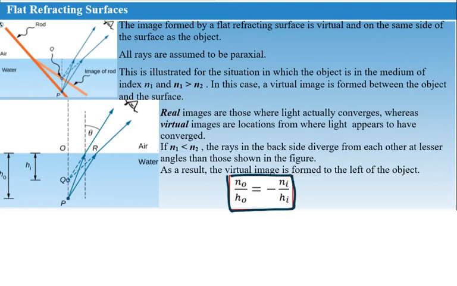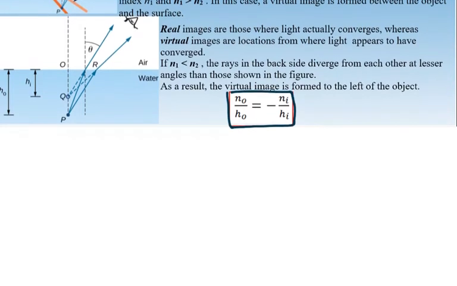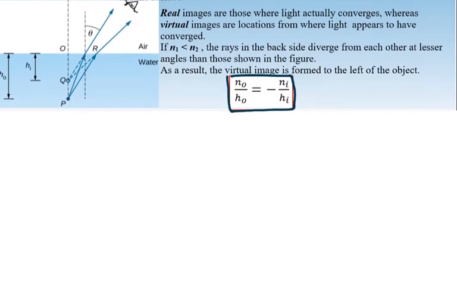What we have here is an object underneath the water, and the light reflects off the object, and when it gets into the medium that is not so dense, the angle of refraction in this case is larger than the incident angle.